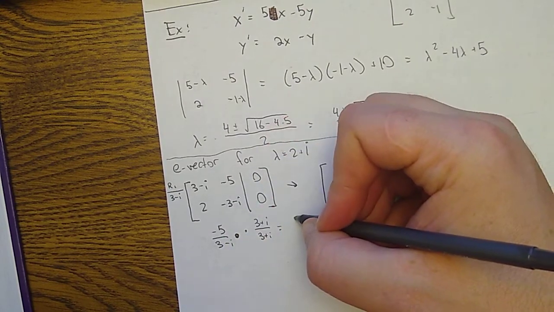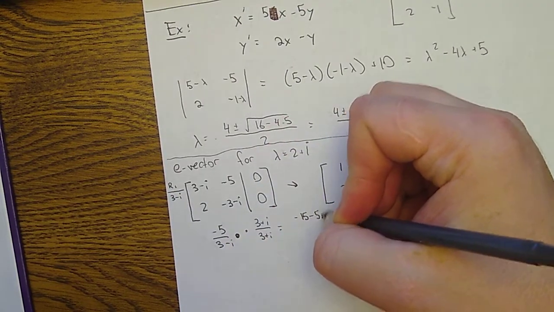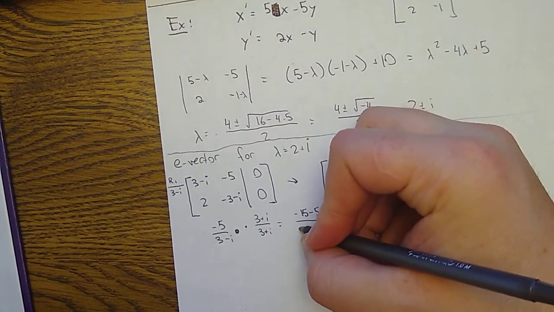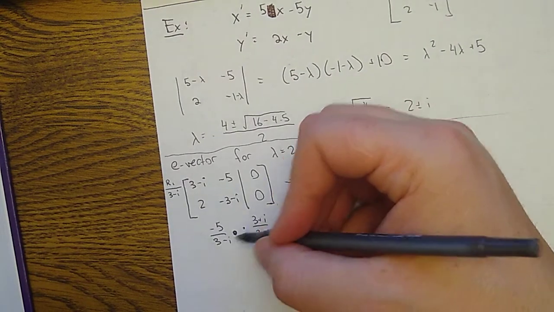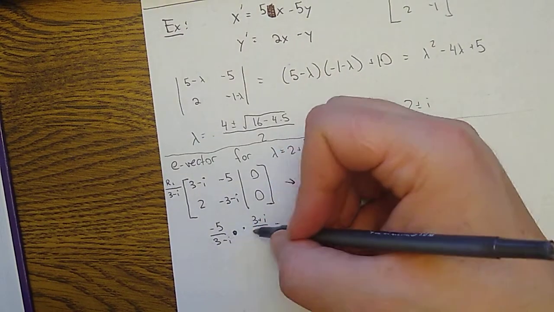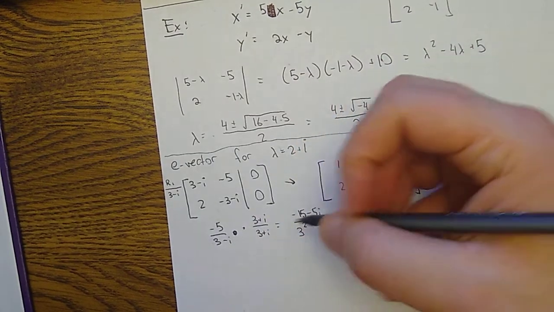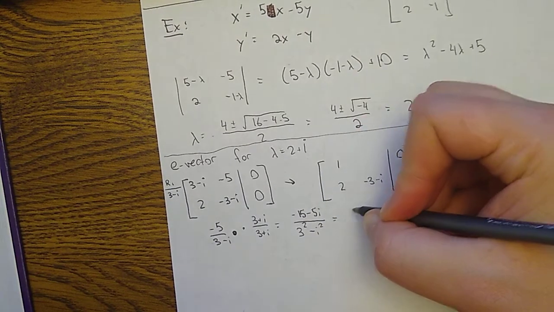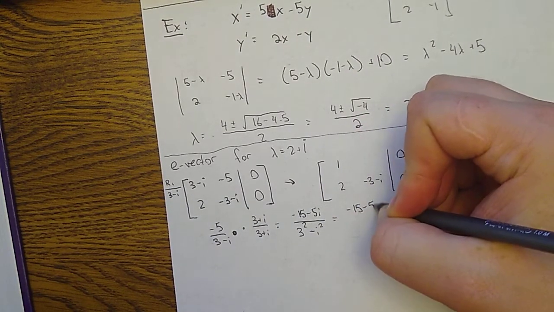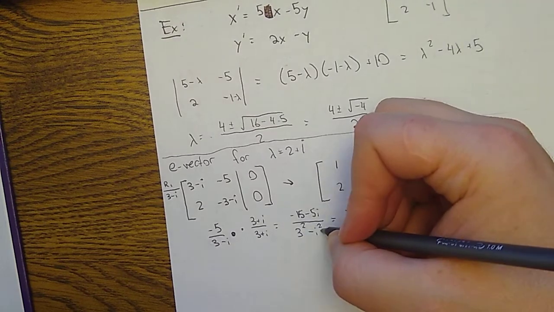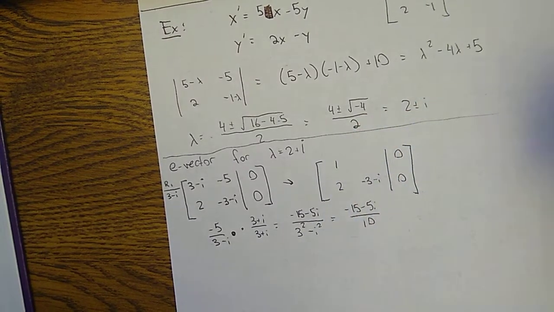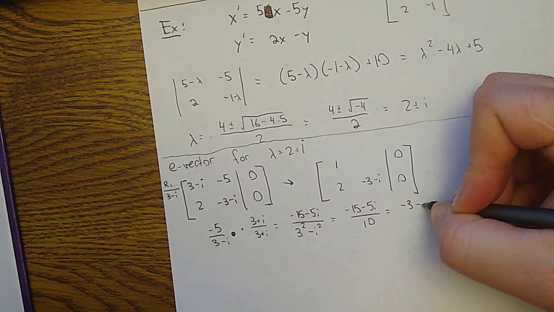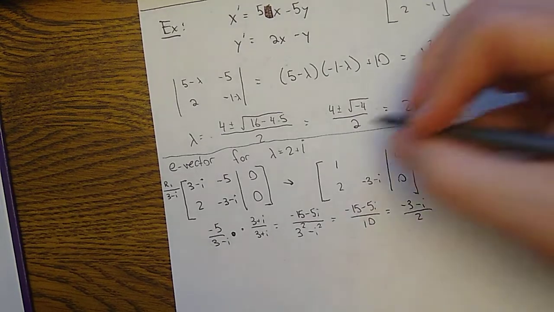And so on top, that's going to give me negative 15 minus 5i. And on the bottom, the bottom is like a difference of two squares. It's like a minus b times a plus b, so then it's a squared minus b squared, which is 9 plus 1, which is 10. So let me cancel a 5 here. Negative 3 minus i over 2.